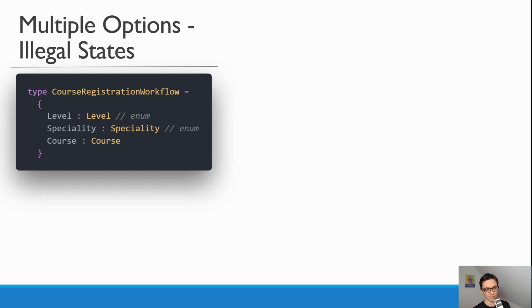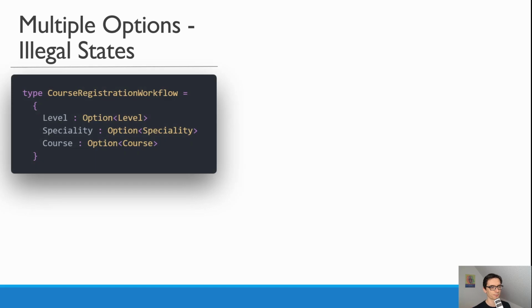And in the end, we can pick a specific course. This is a basic workflow for those kinds of things. But because it's a workflow, we have chosen an option type for each of those possibilities. On the first page, we choose the level, then the specialty. And because on the first page we don't have a specialty yet, it needs to be none because it's not there yet, right?